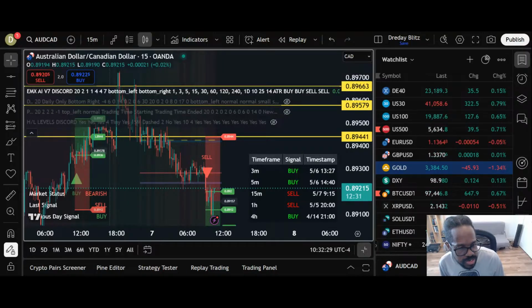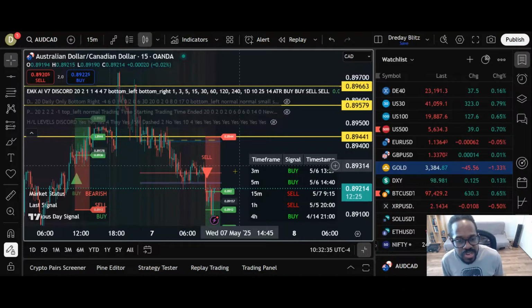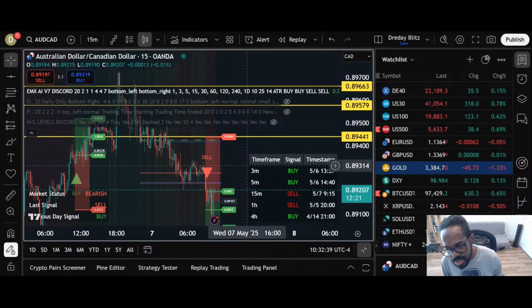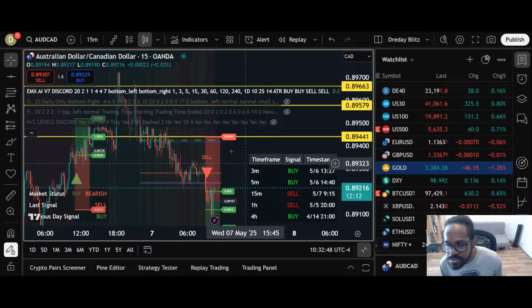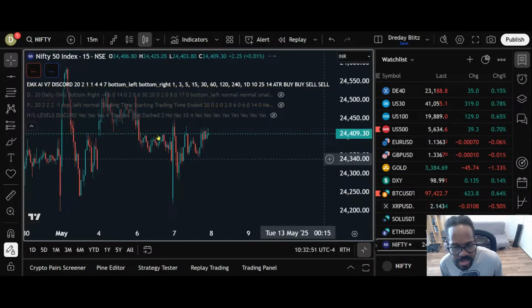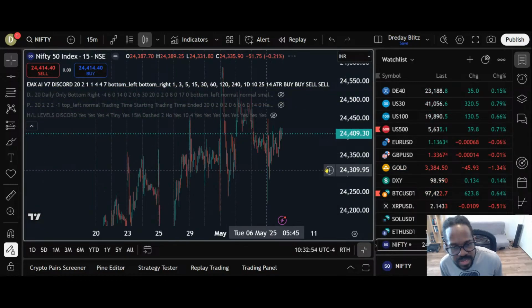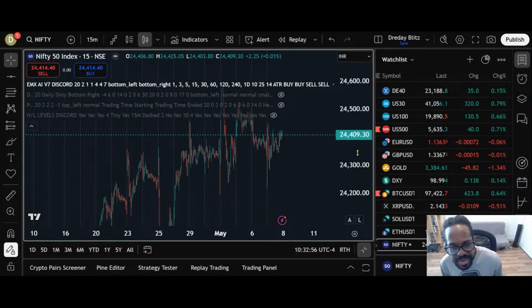And as always, we're gonna look at different markets together. It could be any market. It could be crypto, it could be metals, it could be Forex, and it could be indices. Even we could look at the Indian market in India.